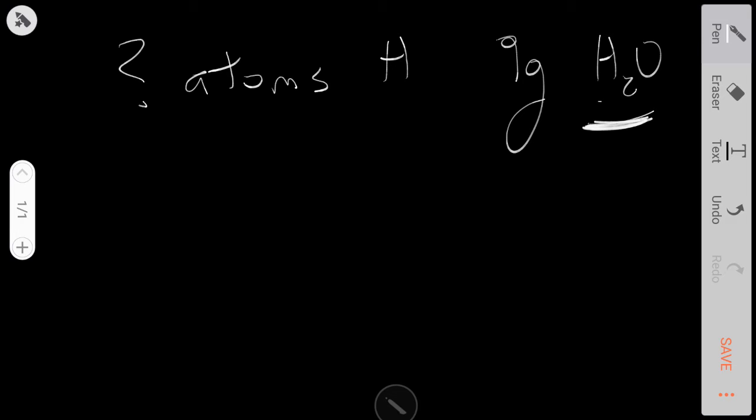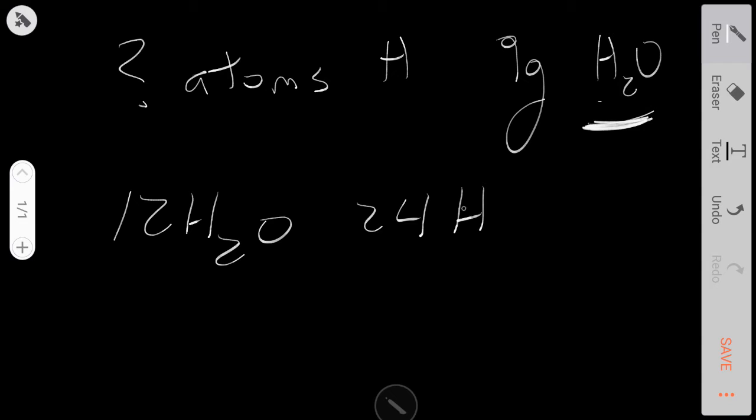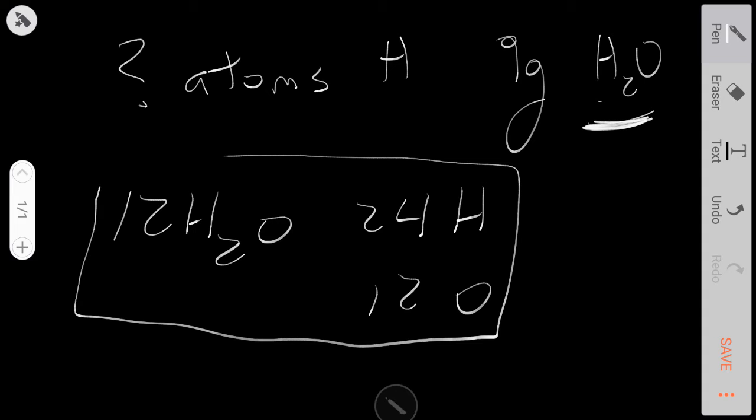If I were to say, hey, you have a dozen H2O, so I have 12 H2O, how many hydrogen and how many oxygen do you have? In 12 H2O, I have 24 hydrogen. Do you see I had to multiply this by 2? In oxygen, I have 12. Keep this in mind while we solve this, okay?